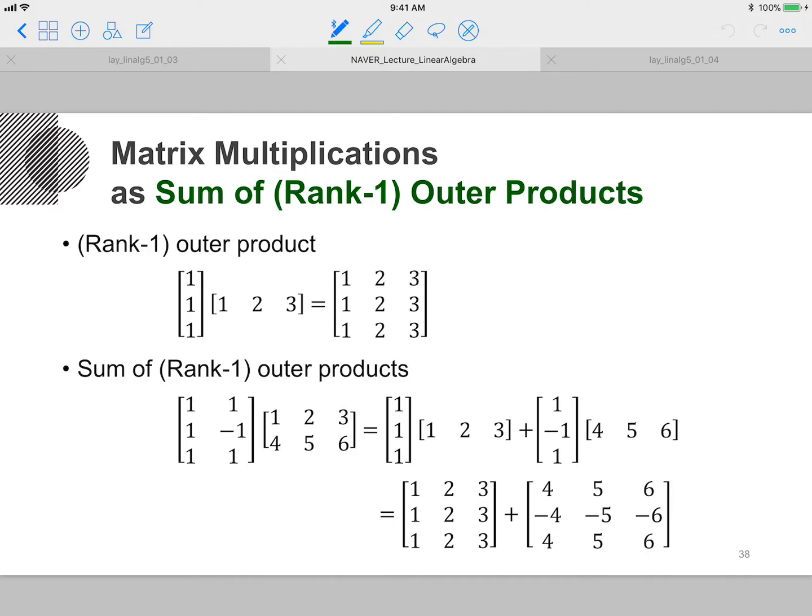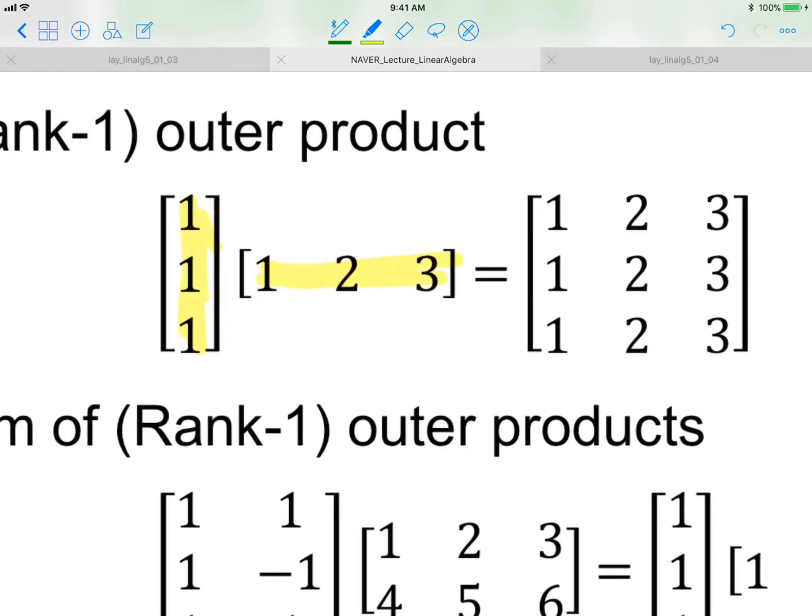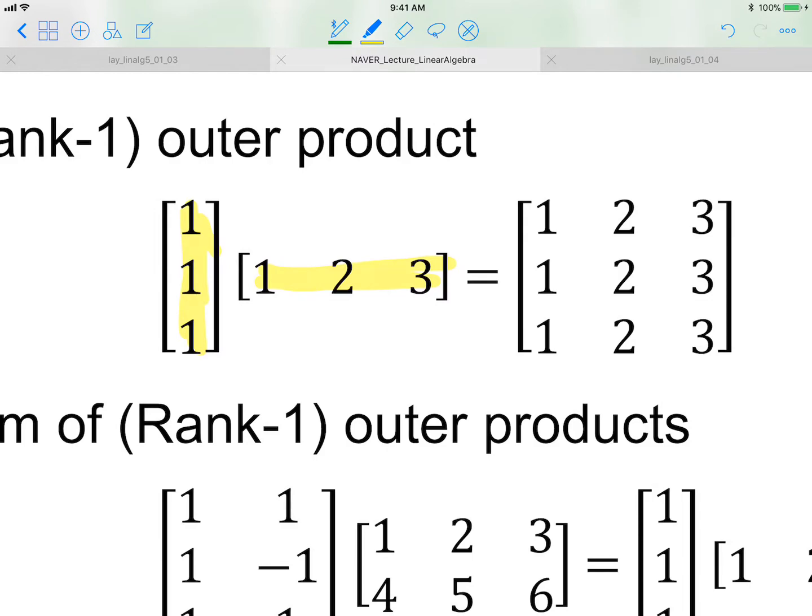Let's also start with a special case where we have these 2 vector multiplication, but this one is called, instead of the inner product, the outer product. In this case of an outer product, the matrix sizes will be something like 3 by 1 and 1 by 3, or it can even be like we have a 4 here, and in that case the size will be 1 by 4.